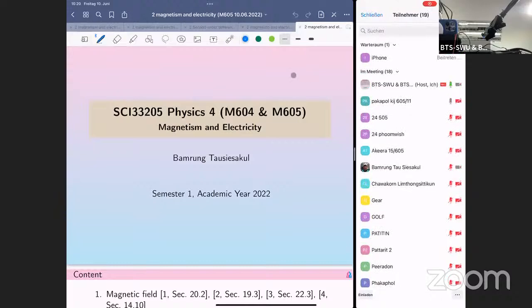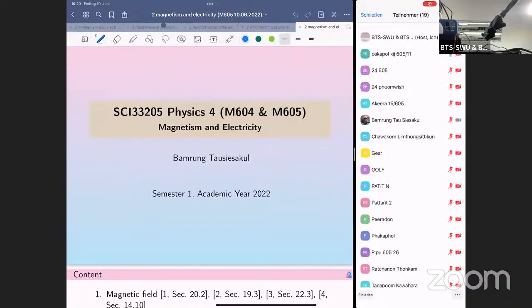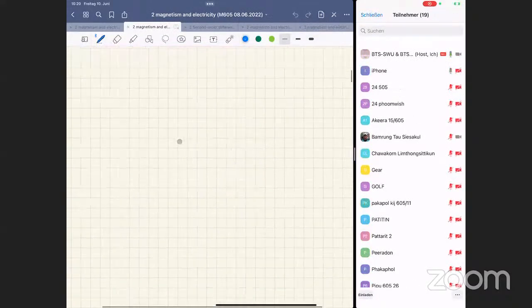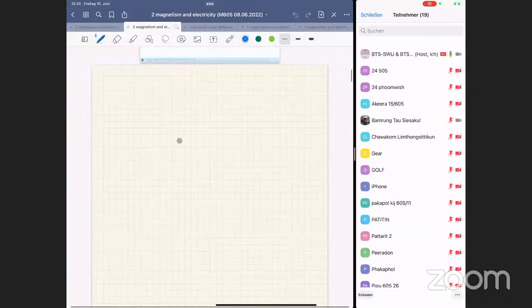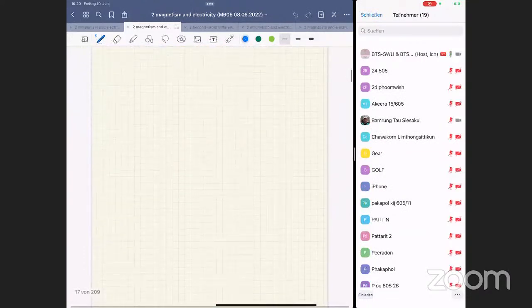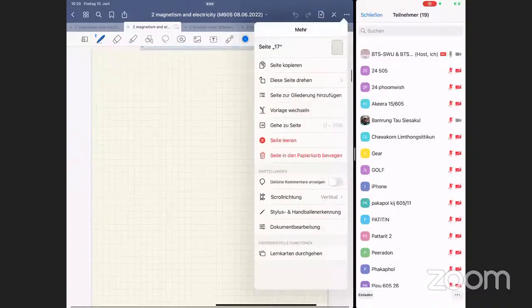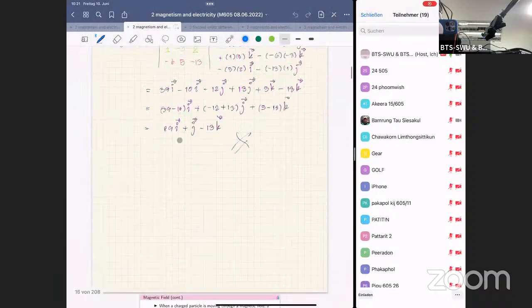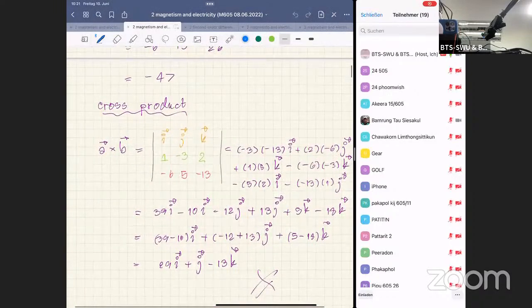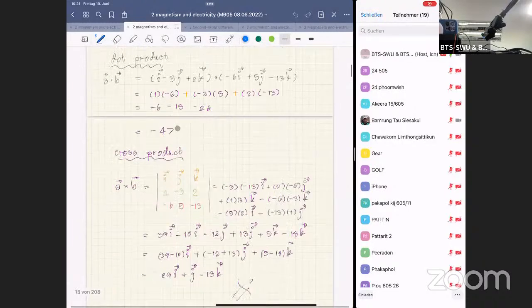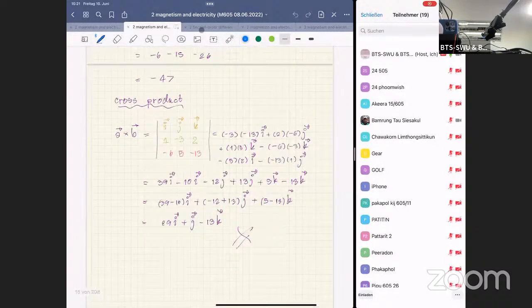And we finished on Friday something about the dot product. We considered the cross product, right? You have seen the dot product too, and vector addition. Yes, it will serve as the background for us.